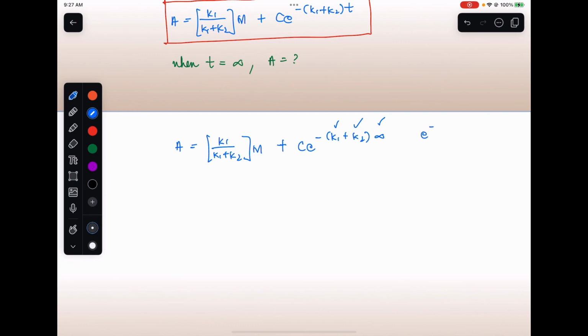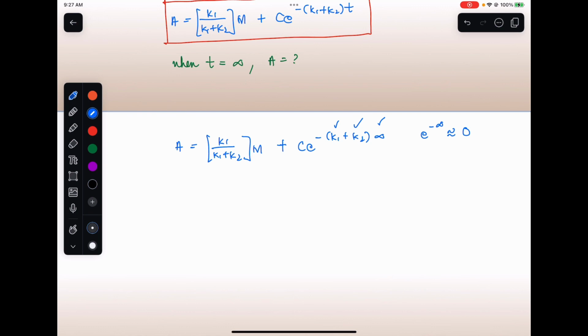And then we have e raised to negative infinity, which is approximately equal to 0. Even if we do it in our calculator, say you write e raised to negative 1 million, the answer will be approaching 0.